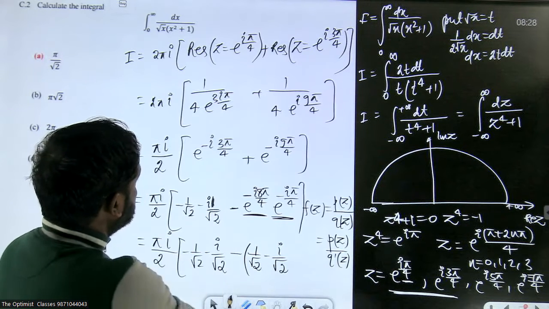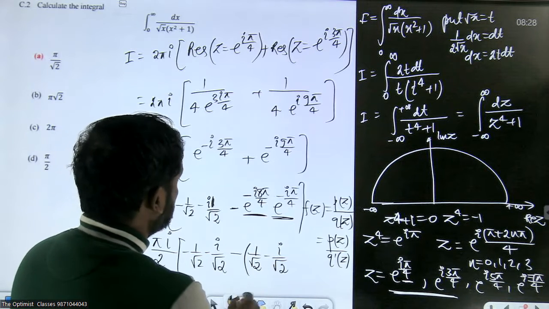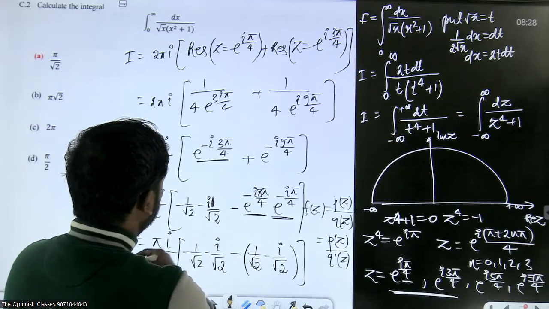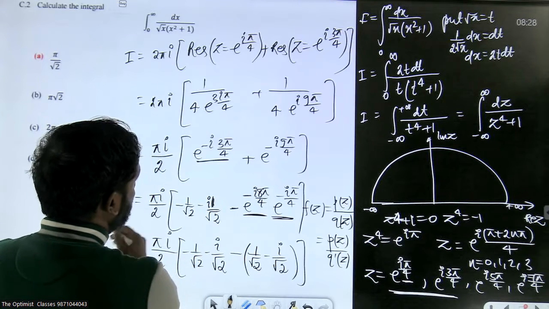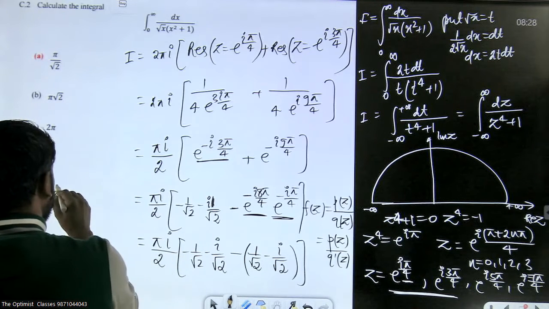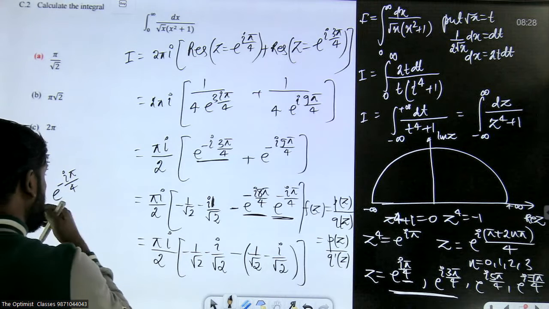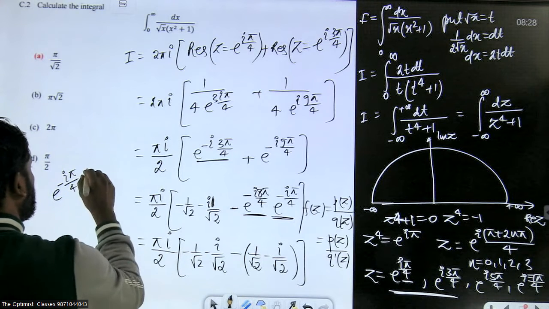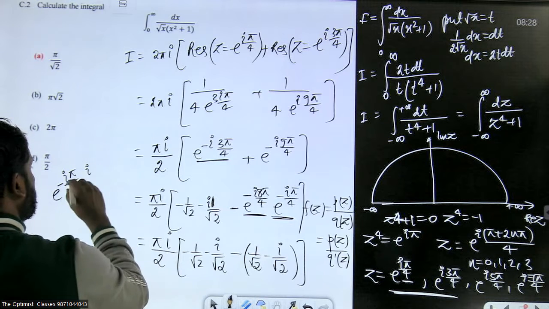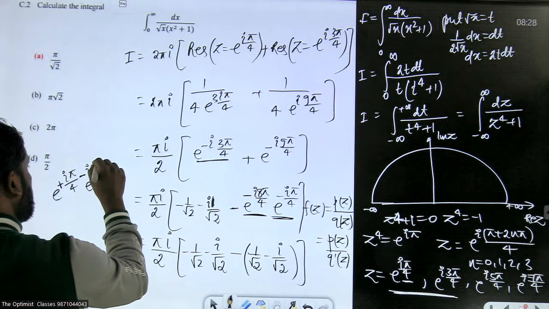I think here I made a mistake. Let me see. We have e to the power minus 3 pi by 4, so we can write it as e to the power minus iota pi by 4, plus, and here minus iota 4 pi by 4.